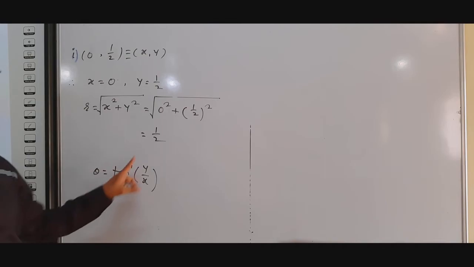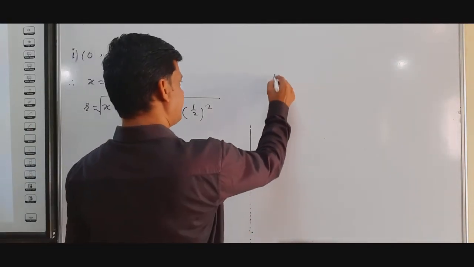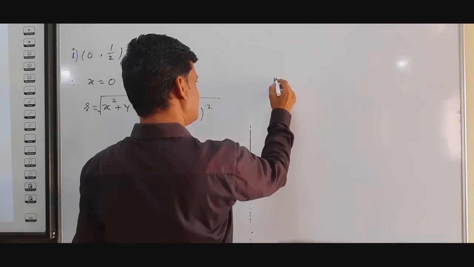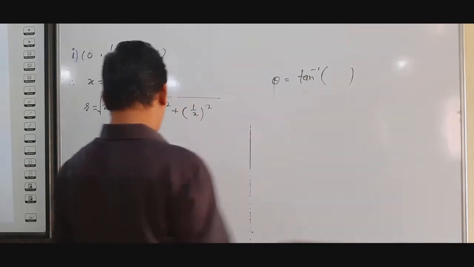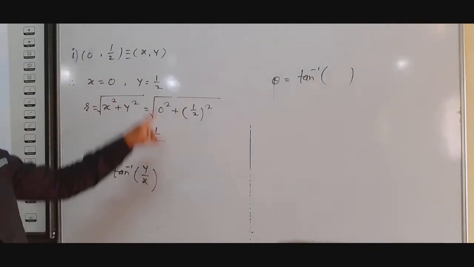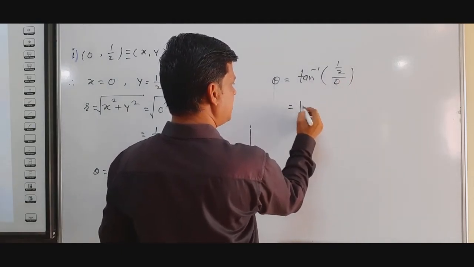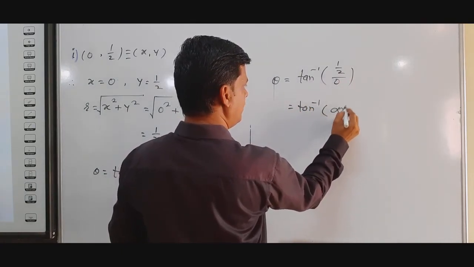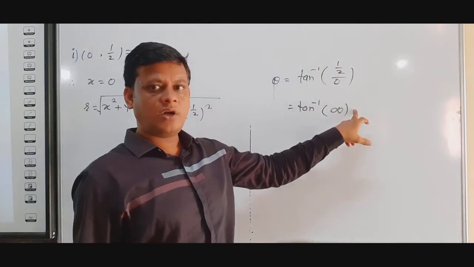Now theta is equal to tan inverse y upon x. So we write here theta is equal to tan inverse of y upon x. Value of y is 1 by 2, so 1 by 2 upon 0, that is equal to tan inverse of not defined, because any number upon 0 is not defined.